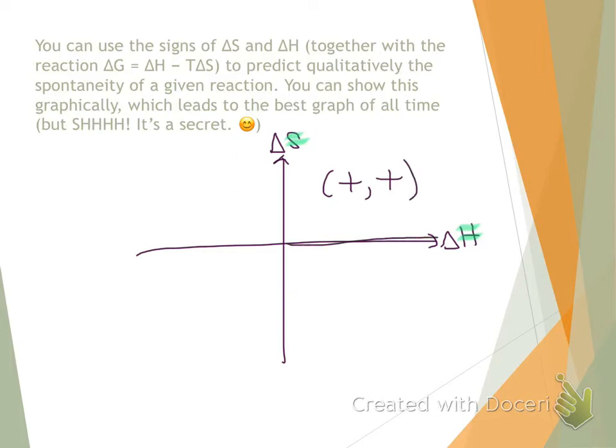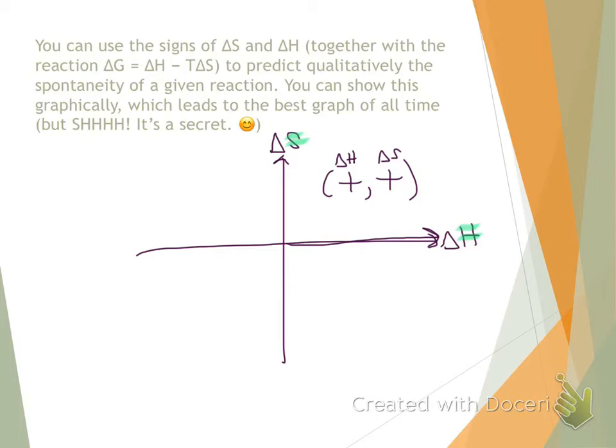So if we look at our x axis here, this would give us a positive delta H value there and a positive delta S value. If we have a positive delta H, that is not favorable, but a positive delta S is going to be favorable to nature.